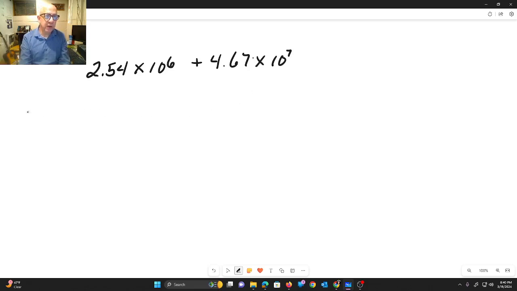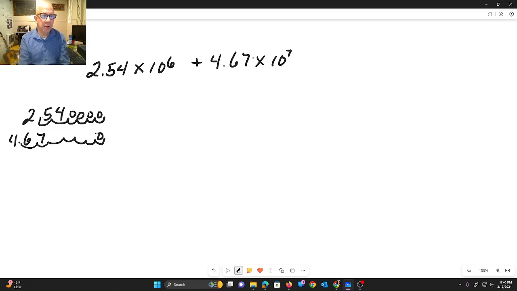So if I expanded these out, if I move this 6 spots, 1, 2, 3, 4, 5, 6, that would be this number. And if I expanded this one out, 4.67, 1, 2, 3, 4, 5, 6, 7.